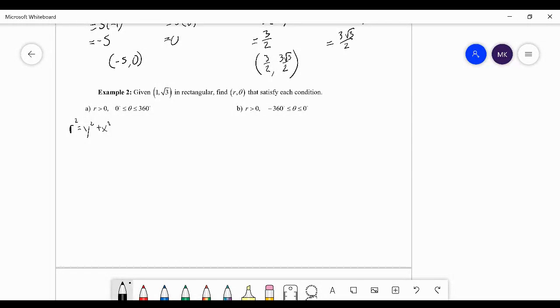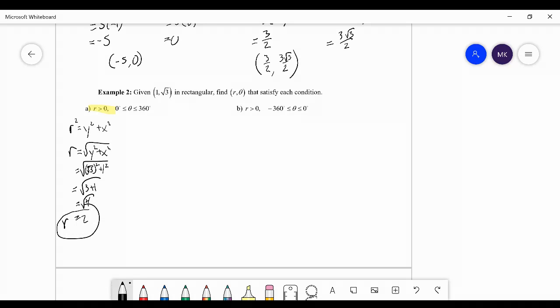Because this problem wants r greater than 0, we can simply say that r is equal to the square root of y squared plus x squared. So that's root 3 squared plus 1 squared, which is 3 plus 1, square root of 4, is 2. So r is 2.